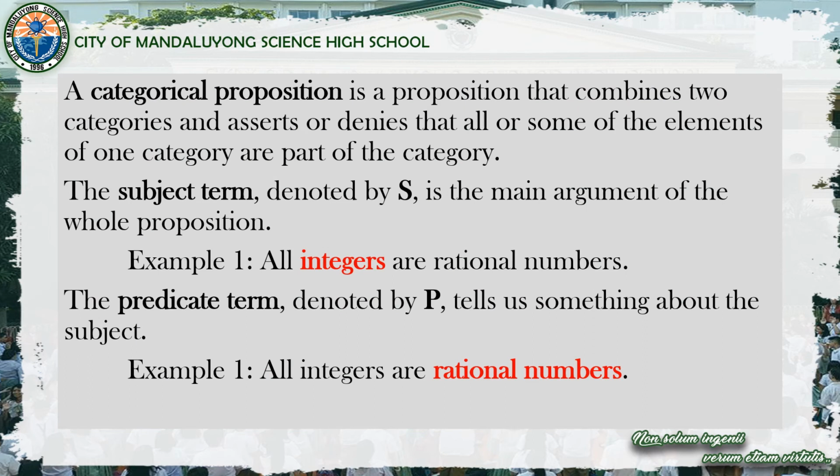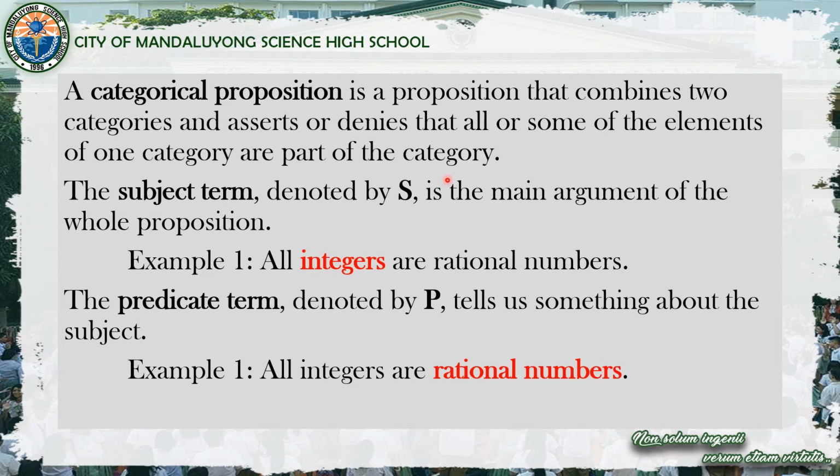Okay, now let's proceed. So we have here another term which is a categorical proposition. This refers to a proposition that combines two categories and asserts or denies that all or some of the elements of one category are part of the other category.